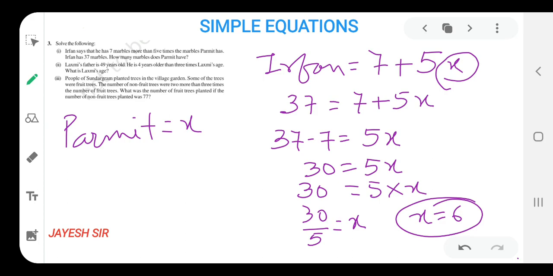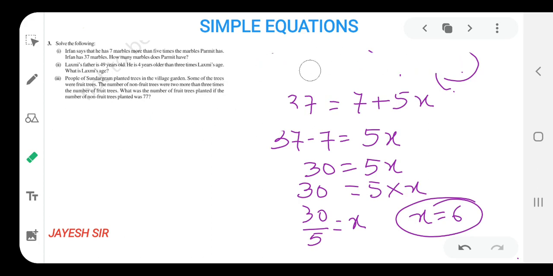After we read the question, Irfan says he has 7 marbles more than 5 times the marbles, that means 5 times Parmeet's marbles, x. If we give 7 to that, then it will be equal to Irfan's marbles. In this way we have formed the equation. Afterwards we have solved that. I hope you all might be getting it, friends.